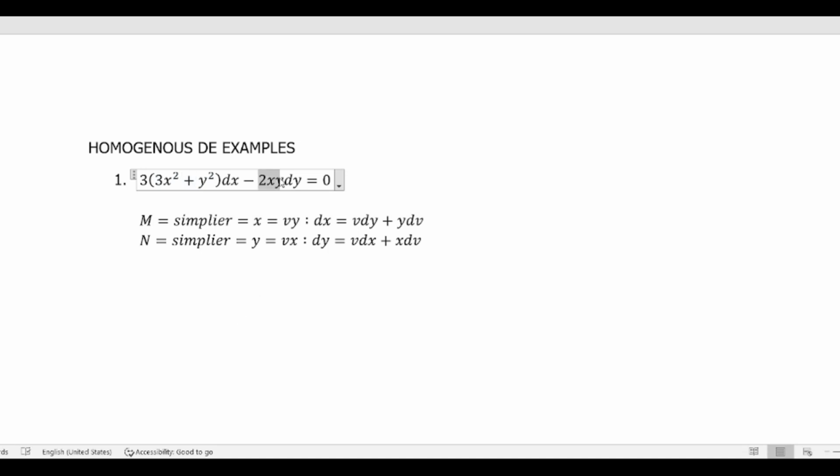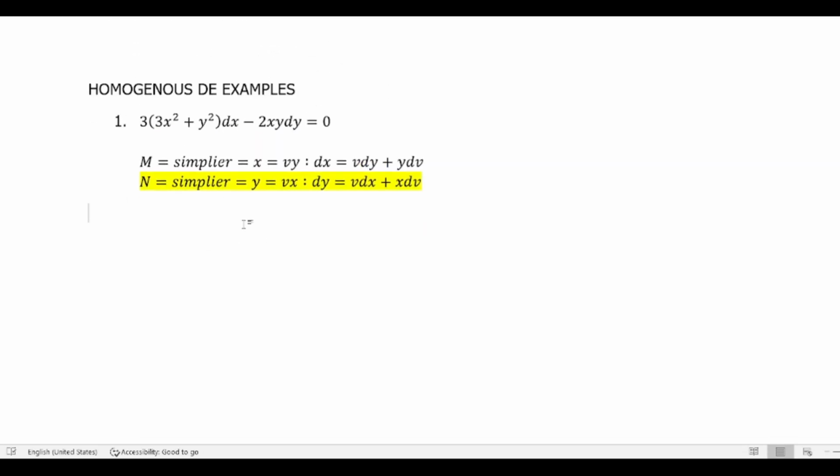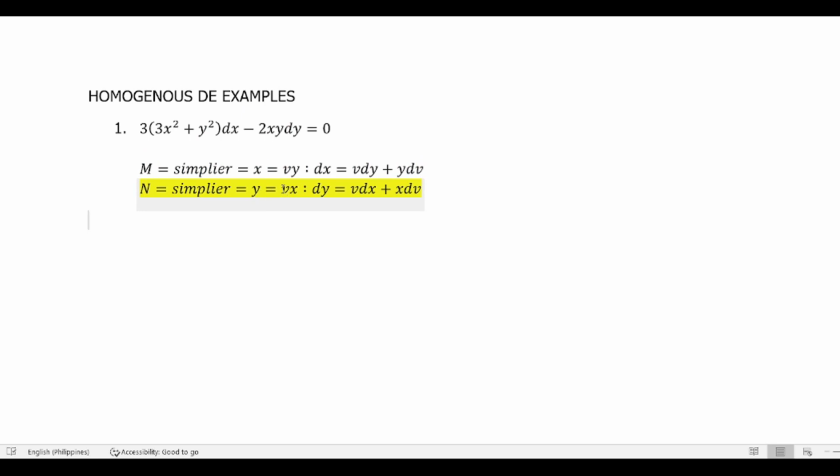So the n is simpler, you include the negative. When n is simpler, we'll be using y equals vx, wherein dy, the derivative of y, is equal to v dx plus x dv. Let's copy this one first.